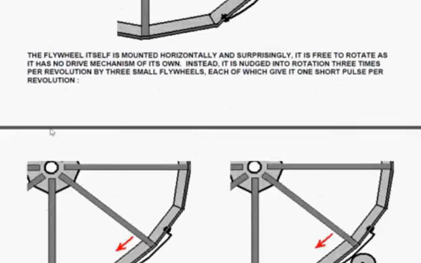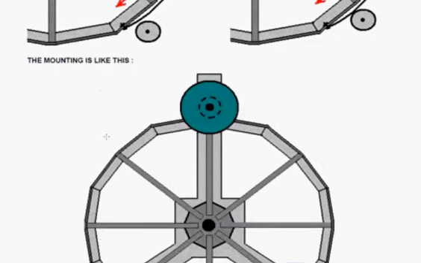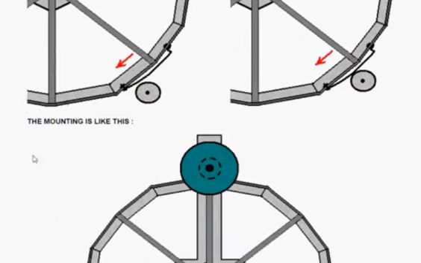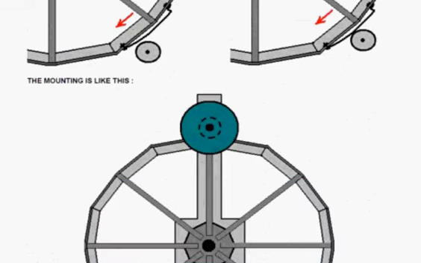Now the drive strip is actually driven by 3 separate small drive motors with flywheels on. The flywheels have got a drive friction wheel which connects with that drive strip, and that pushes the large rotor around.